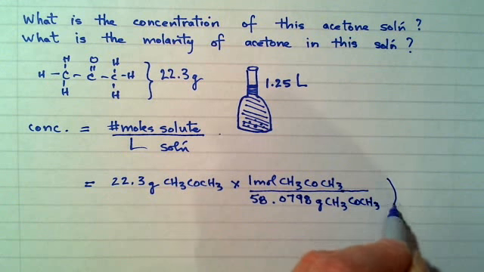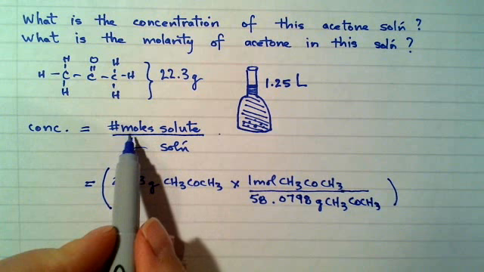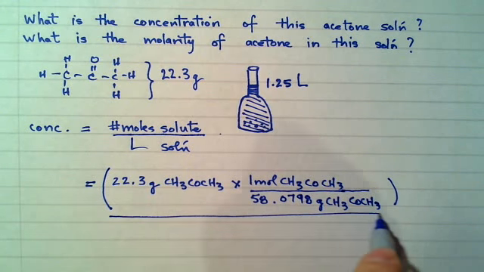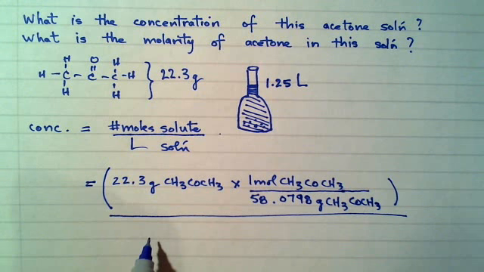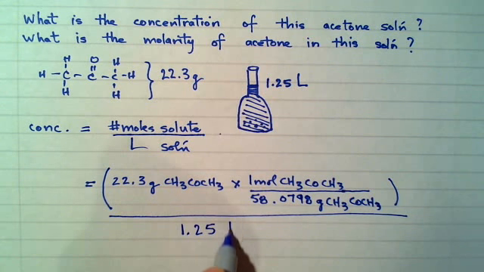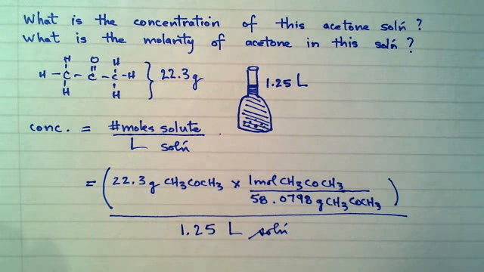So you can see that this is going to give me the number of moles, so I've satisfied the top. And that's all over my volume of final solution in liters. So in this case, my final volume is 1.25 liters of solution.